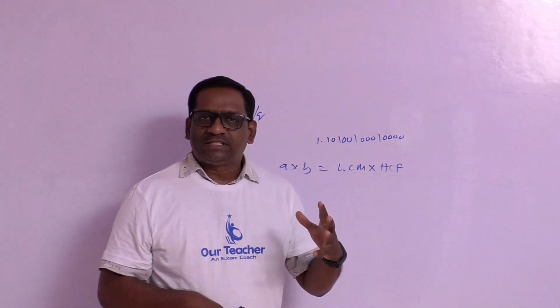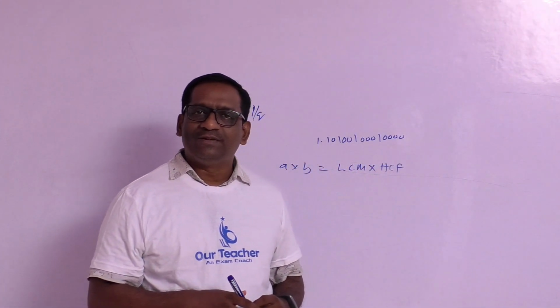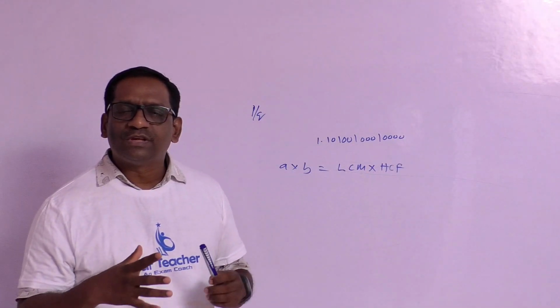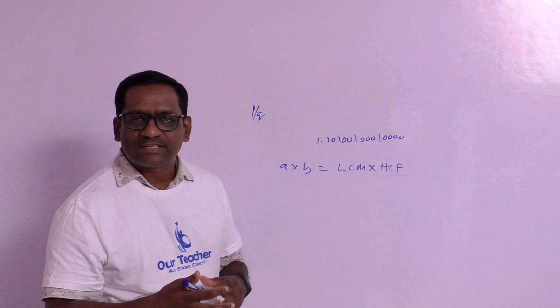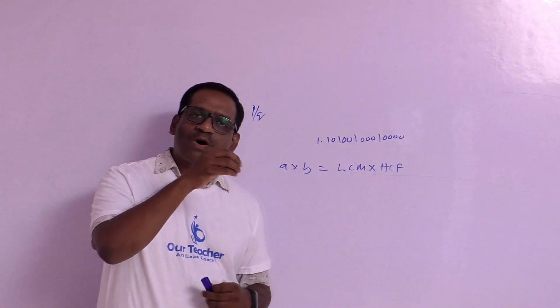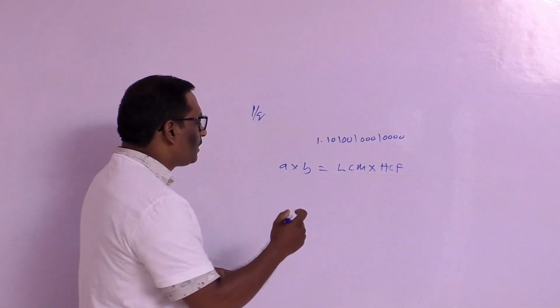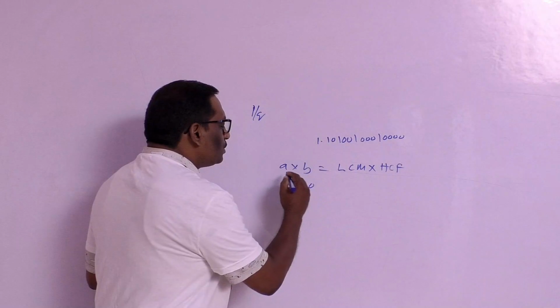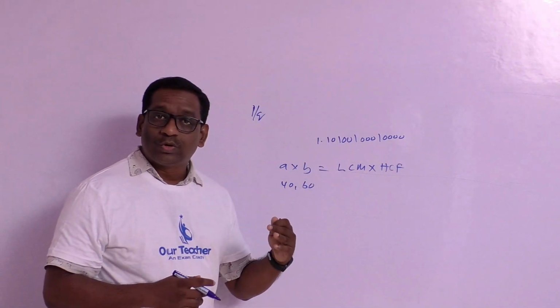Now the same thing, finding HCF by Euclid division lemma. In Euclid division lemma, out of two numbers, we take the bigger number and check whether the smaller number divides it or not. Suppose you take 40 and 60, we have to find the HCF for these two by Euclid division lemma.